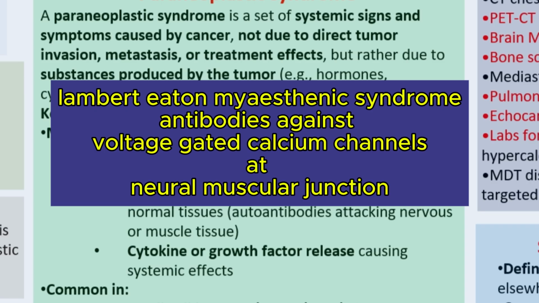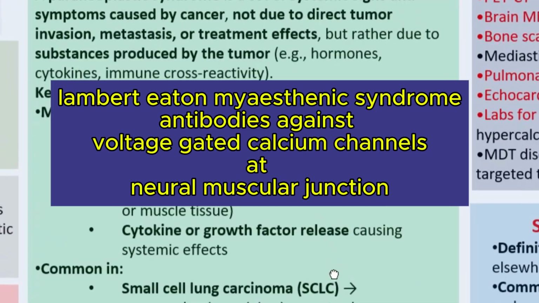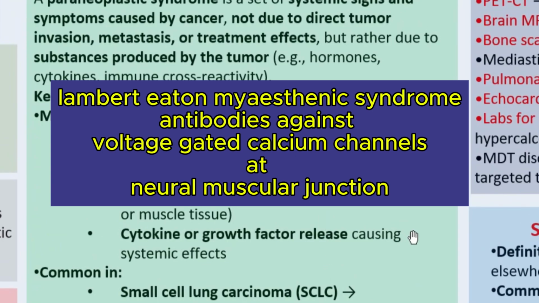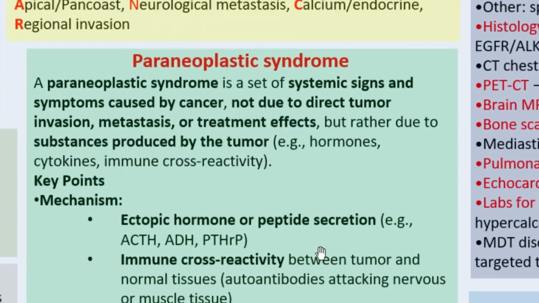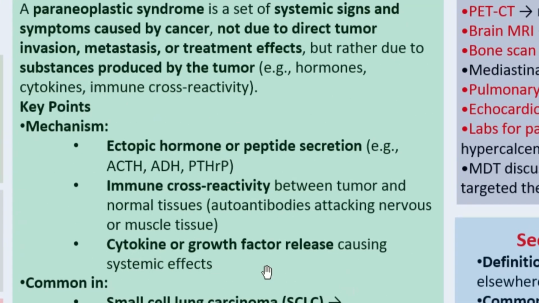So it realizes we have these new antigens, and it attacks them. For example, the Lambert-Eaton myasthenic syndrome can come from this paraneoplastic mechanism. Then we have cytokines and growth factors, and this also can cause different effects.